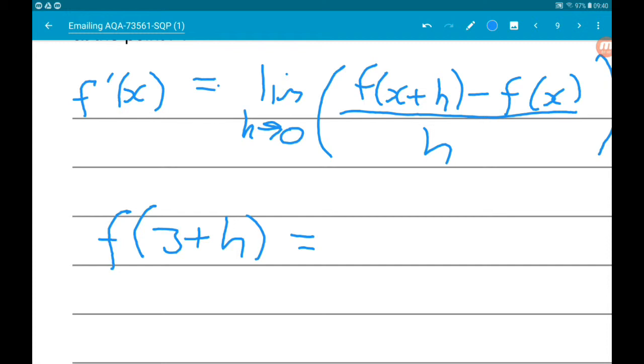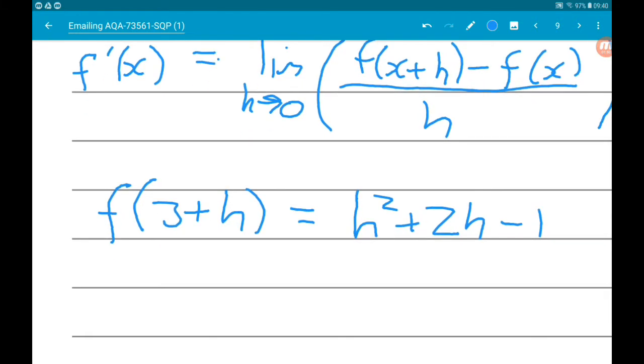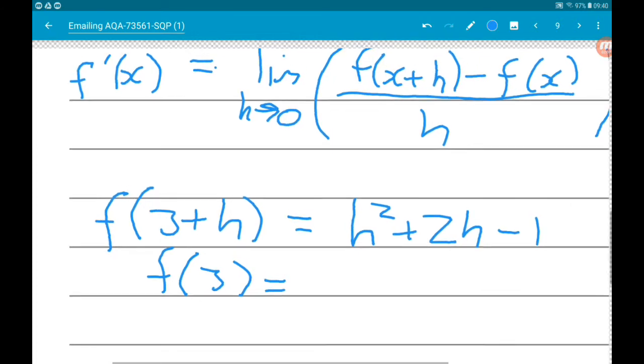So that's h squared, add 2h minus 1, and we also need f of 3. Now we also know that that is the y coordinate that we get when we substitute x equals 3 into the curve.